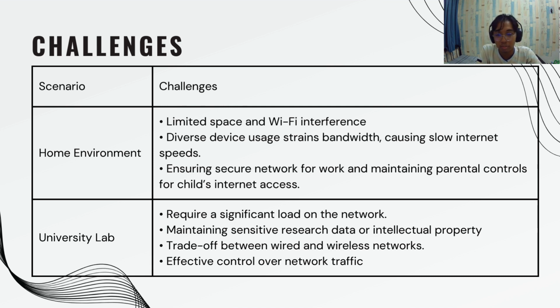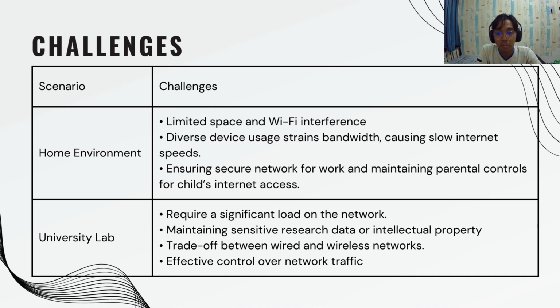The next challenge for the home environment is ensuring a secure network for work. With the rise of remote work, there is a need to ensure a secure and stable network for work-related activities.